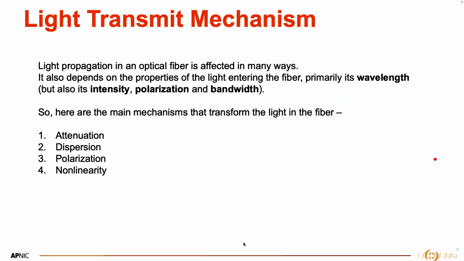When we transmit light within optical fiber, there are a few more phenomena which we face because of the physics of light. These phenomena are called attenuation, dispersion, polarization, and nonlinearity. We will discuss all these phenomena one by one. These features are important because when we work with DWDM, we face all these phenomena as well.